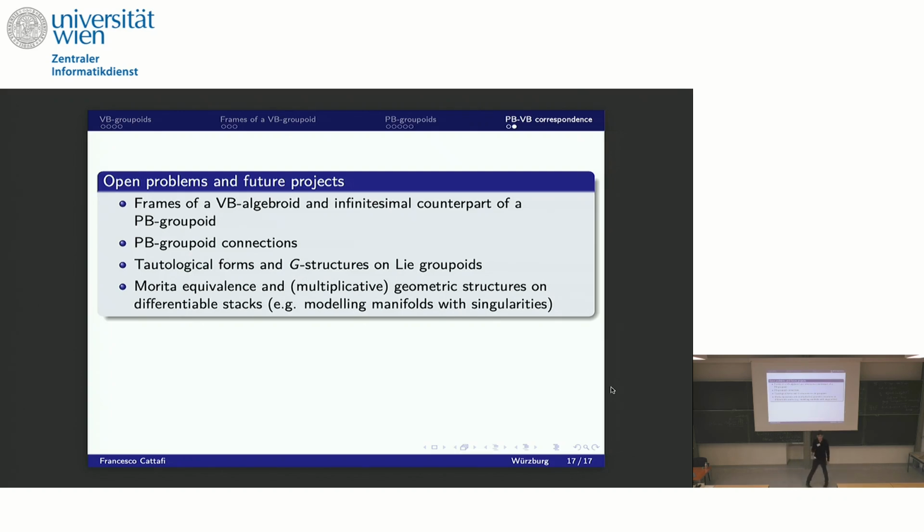In particular, these stacks can be used to formalize many kinds of manifolds which are not really smooth, so they admit some singularities. So it is natural to see that there will be some geometric structure defined on manifolds with certain singularities, modeled via differentiable stacks, and hopefully this point of view would be able to show whether this kind of geometric structure on Lie groupoids would go down to a differentiable stack, being compatible with the Morita equivalence.